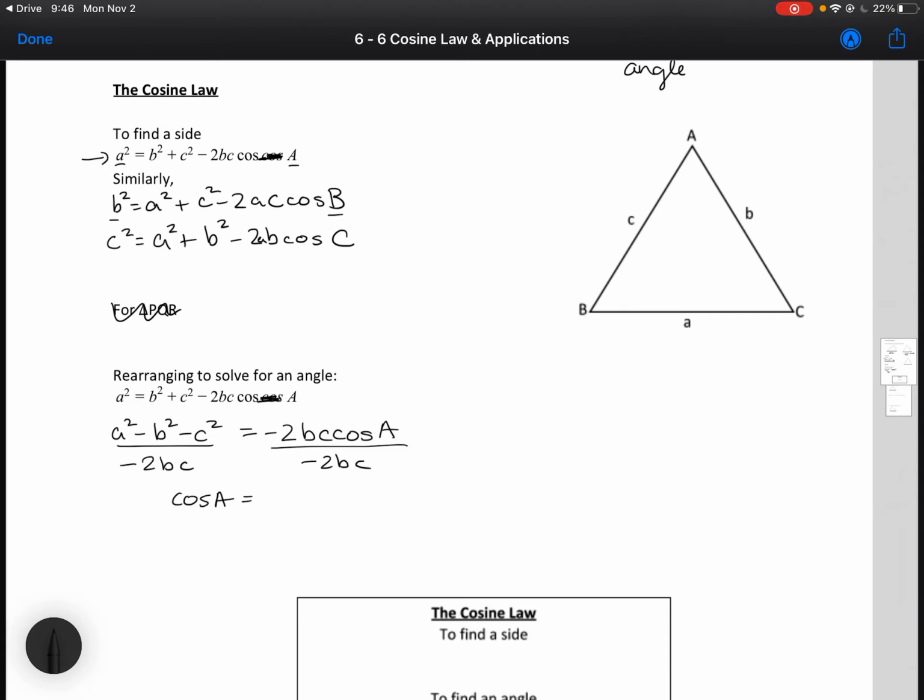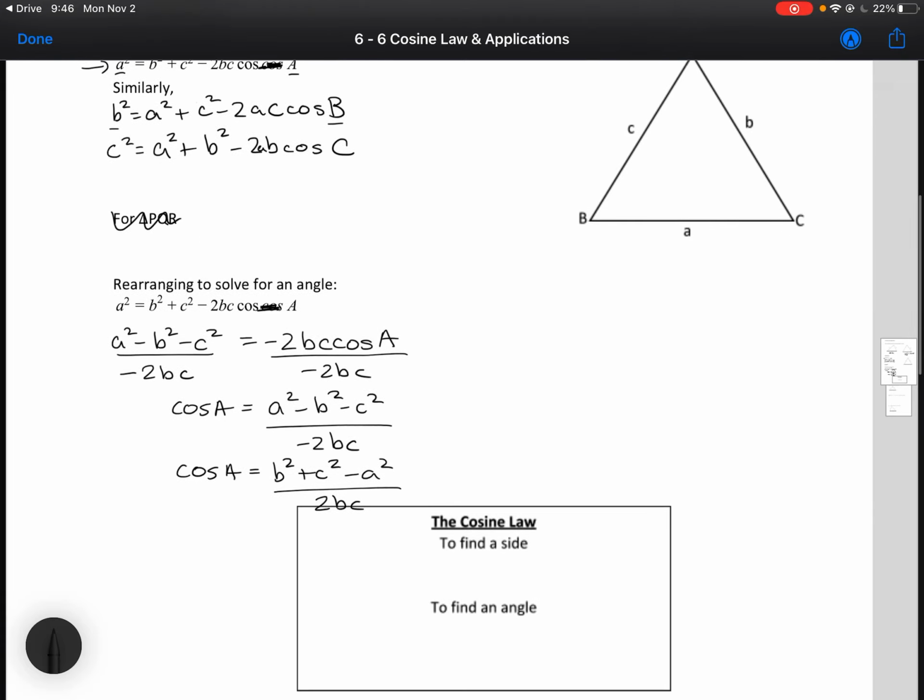And then I'm going to get that cosine A is equal to a squared minus b squared minus c squared, all over minus 2bc. The last thing that I'm going to do is take that minus sign up into the numerator here, so that I'm going to get b squared plus c squared minus a squared over 2bc.